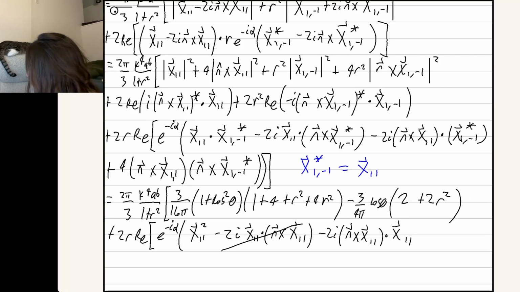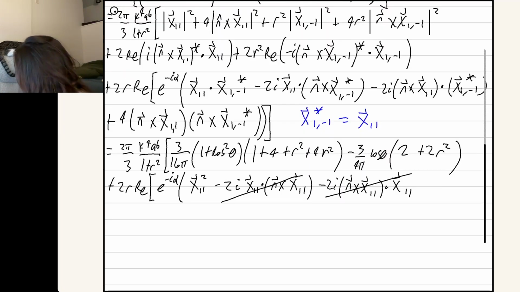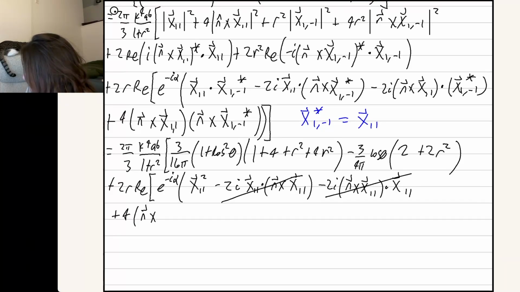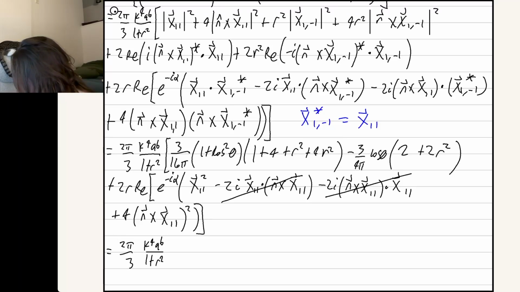Noticeably, these terms do cancel out, so that is pretty cool. Plus 4 times n cross x11, and then you square it. So that's pretty awesome. And then, okay, close that off as well. We're just going to keep trying to simplify this junk.